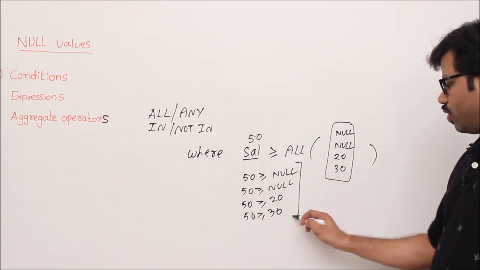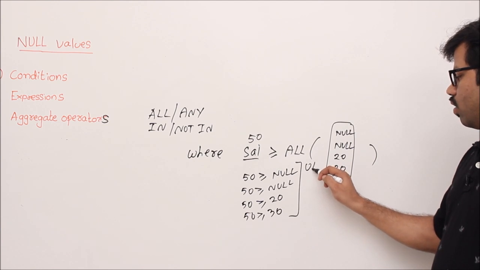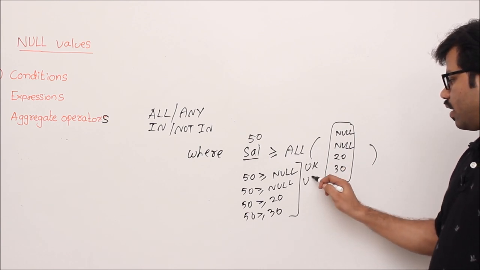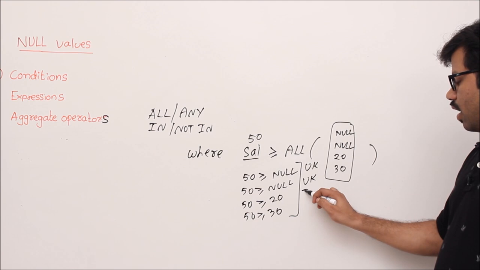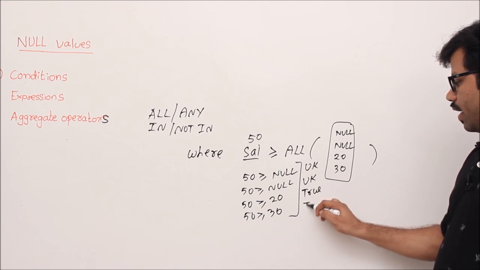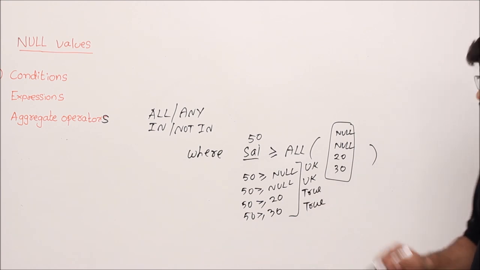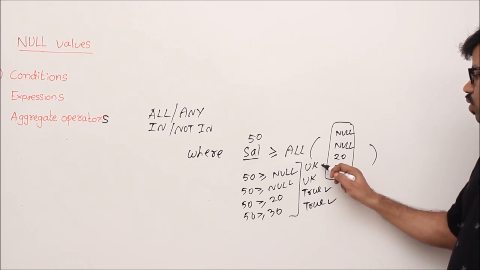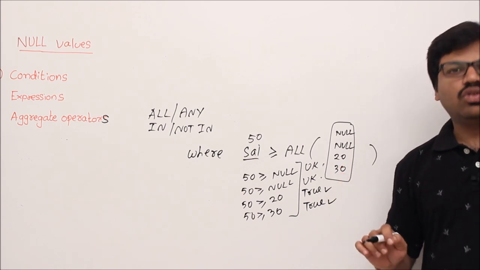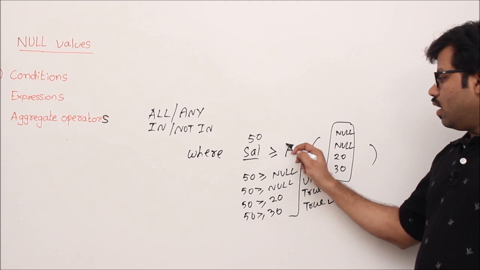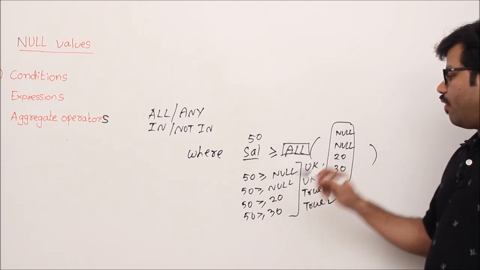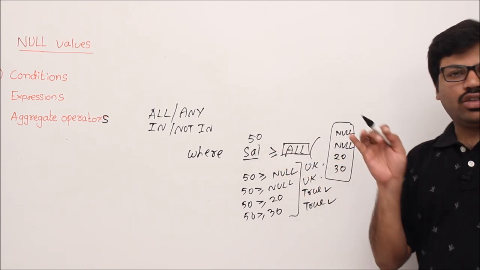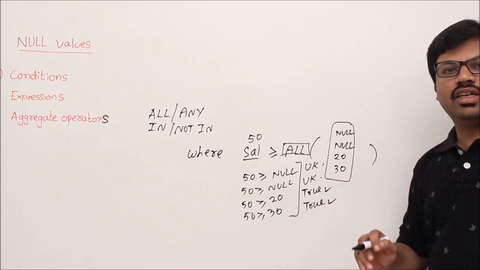Now we'll see the truth values. 50 greater than or equal to null, unknown. 50 greater than or equal to null, unknown. 50 greater than or equal to 20, true. 50 greater than or equal to 30, true. So two times it is true, but two times unknown. Is it always true? No. But we know that whenever you write the ALL operator, every time the condition should evaluate to true, and that did not happen here.